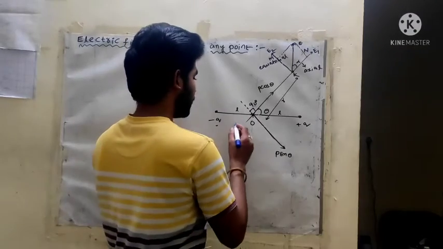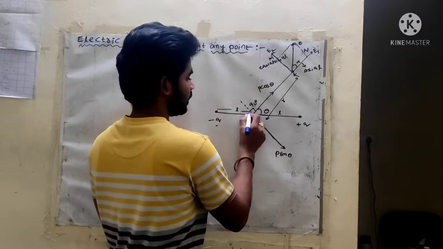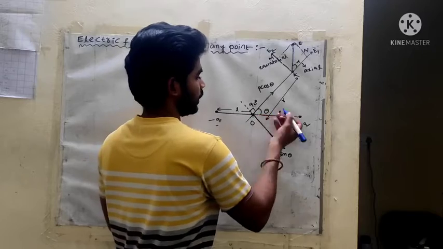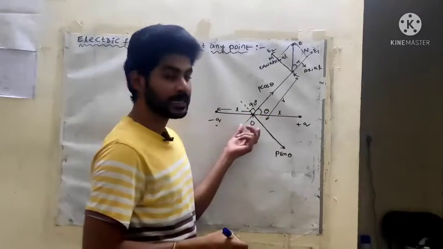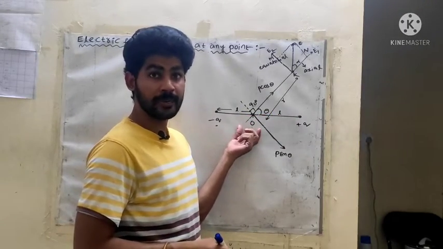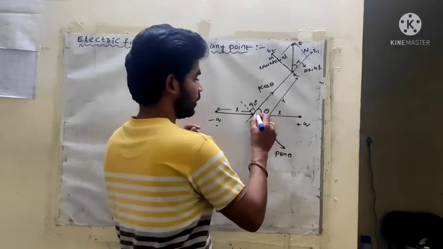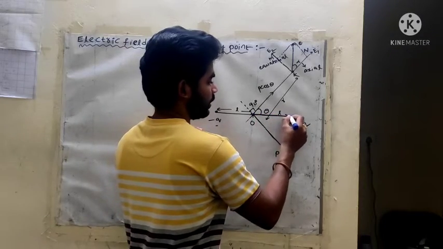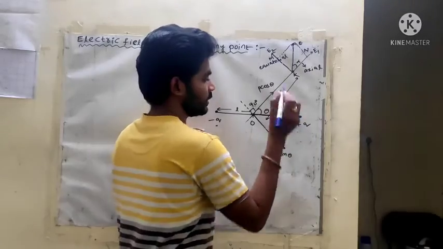Both are separated by a very small distance, the distance is 2L, here L, here L, and exactly at the middle I am taking one point.